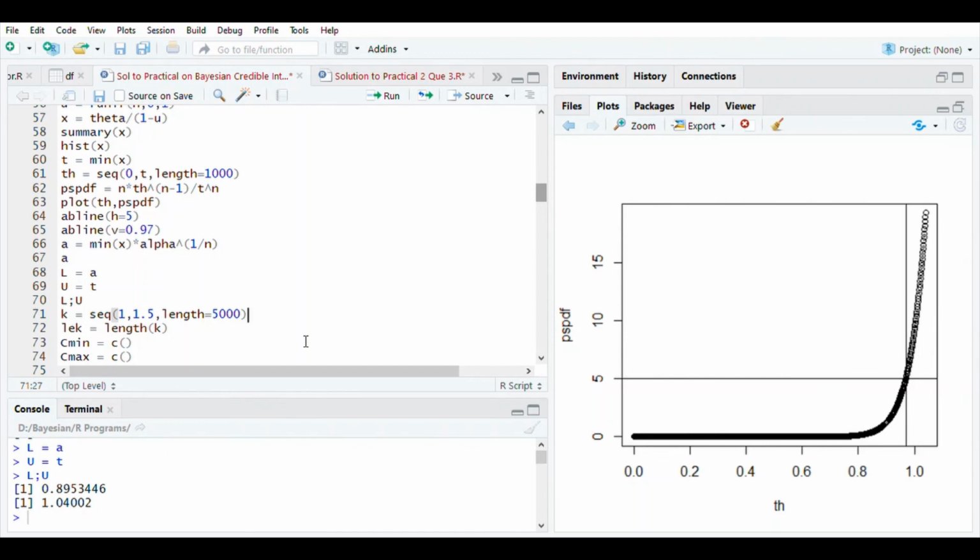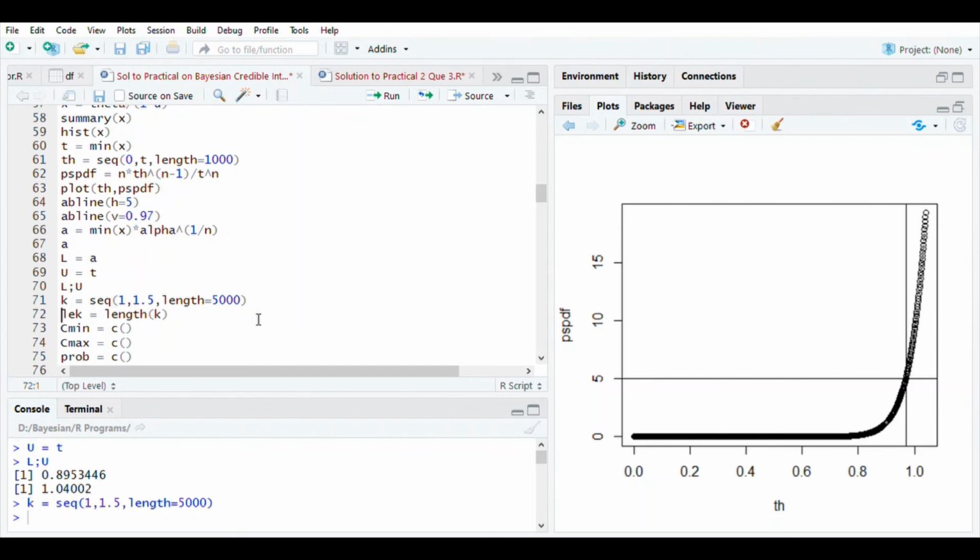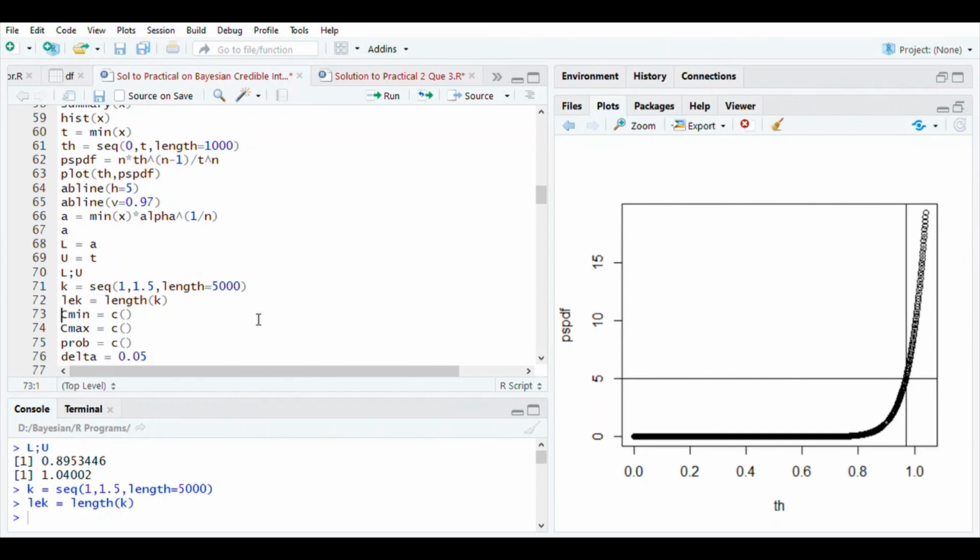So here accordingly I have chosen the limits as 1 and 1.5. Now in LEK I am storing the length of K. I don't need to do that actually, LEK is simply 5000.